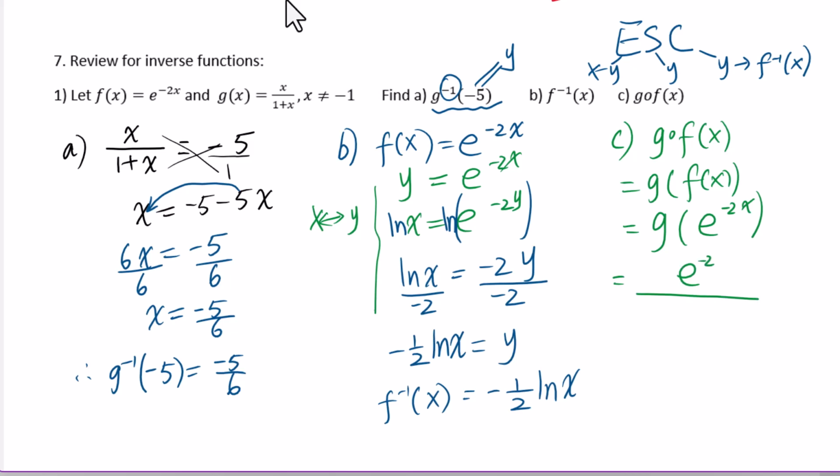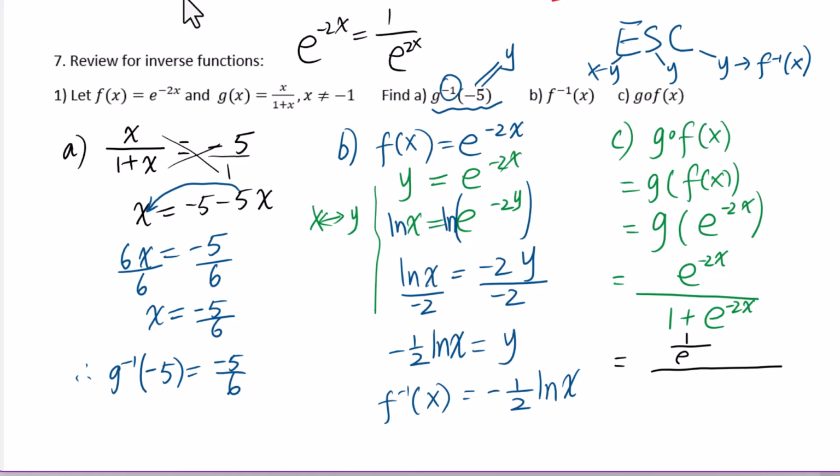E to the negative 2x power over 1 plus e to the negative 2x power. We need to change e to the negative 2x power into 1 over e to the 2x power, because for the final answer, we cannot have a negative exponent.